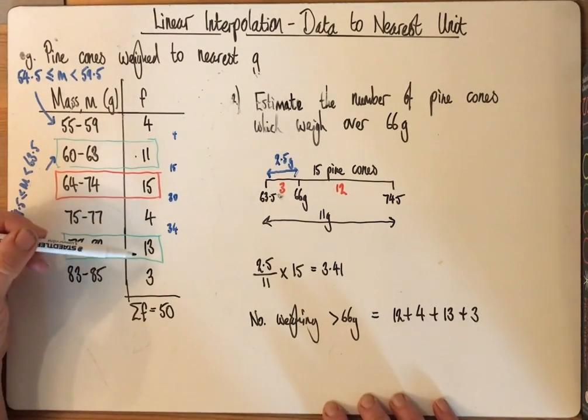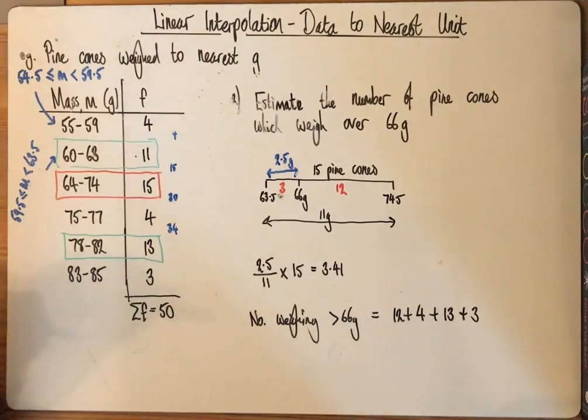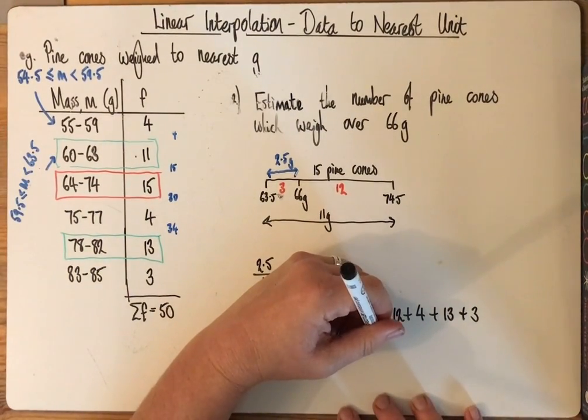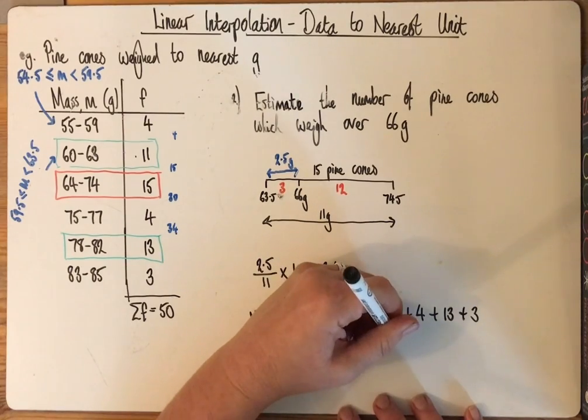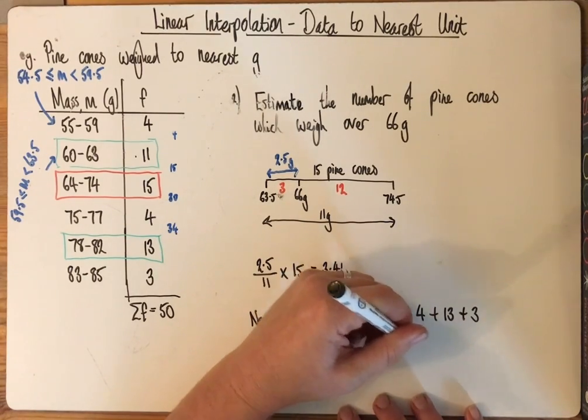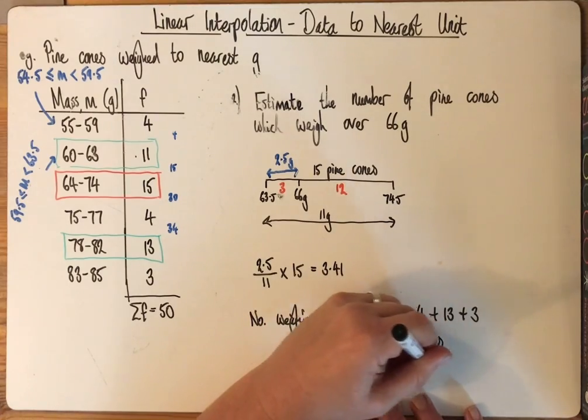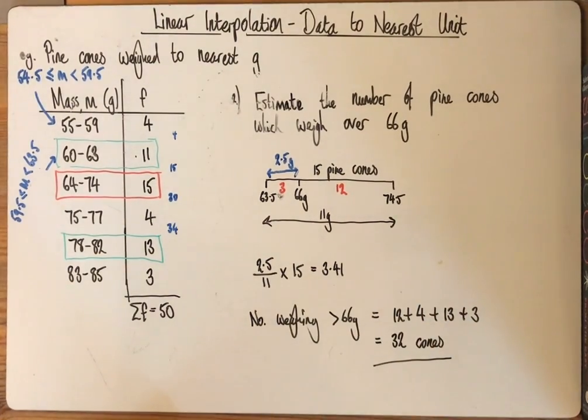So 12 plus 4 plus 13 plus 3. And that gives you 32. So it's a little bit of a common sense sort of approach to this.